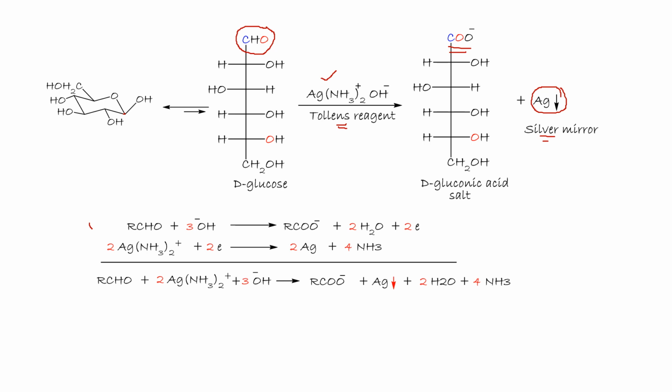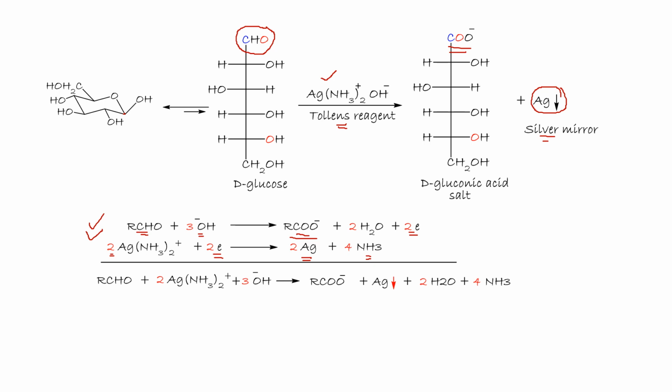Once again, the oxidation reduction reaction: aldehyde with 3 equivalents base forming the carboxylate, ejecting 2 electrons, with 2 silver 1 leading to the formation of silver metal plus ammonia.